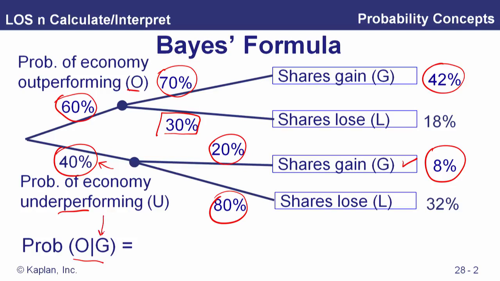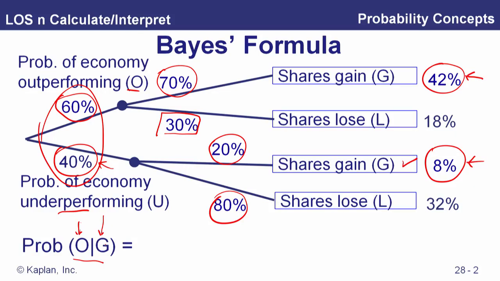So this is really working backwards. So what we're saying is, well, what if you knew that the shares gained? What would that tell you about these probabilities? And sometimes we call this the updated probability, given the information that shares have gained. So we're looking for the probability of outperformance given that we've had gains.